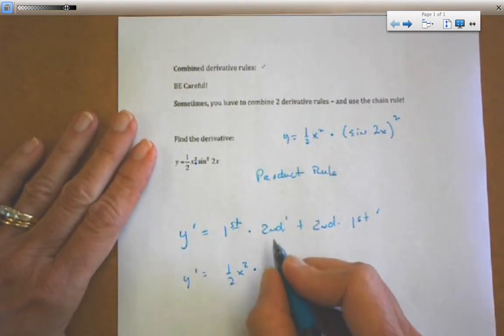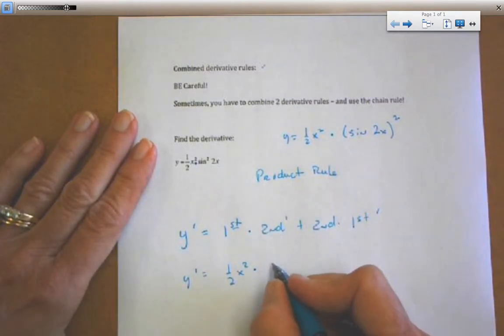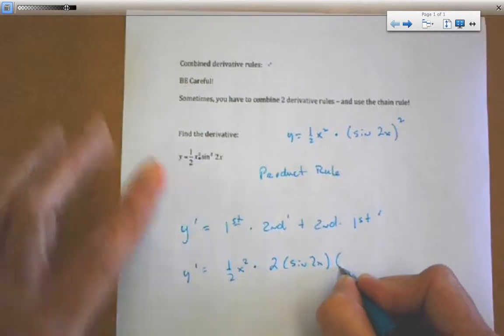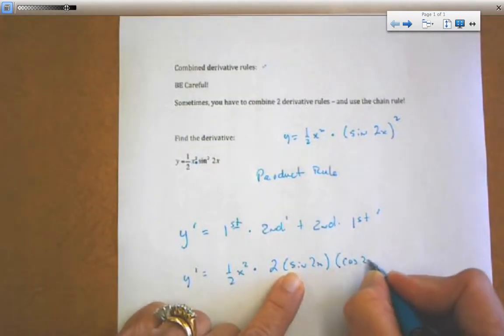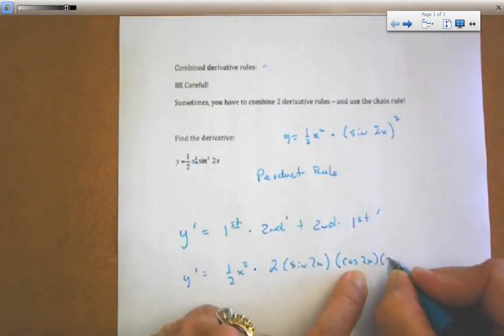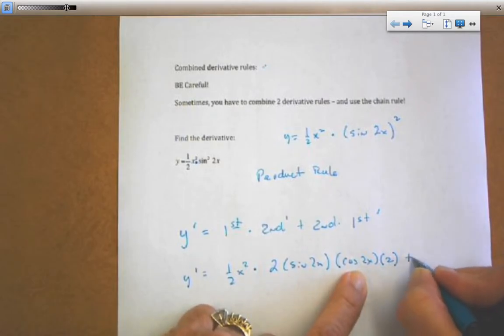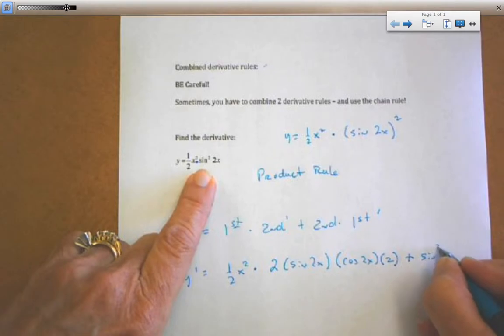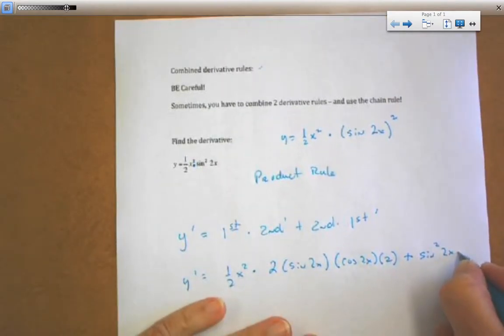All right, so now I'm going to take the derivative of the second function, 2 sine 2x. The derivative of sine is cosine, and then the derivative of 2x is 2, plus the second, sine squared 2x, times the derivative of the first, which would just be x.